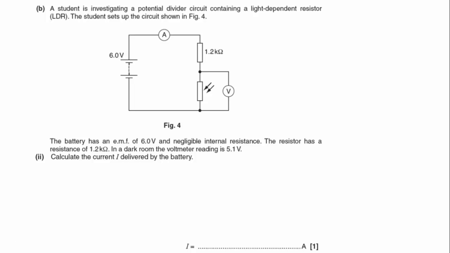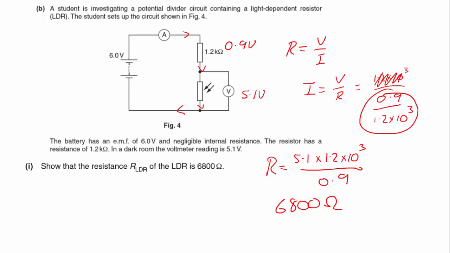We've now got to calculate the current delivered by the battery. Oh, I've just done that. I might stop this and start again. Leave that in. They're obviously trying to get you to do it a different way.